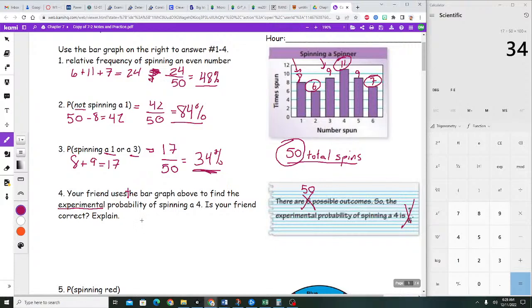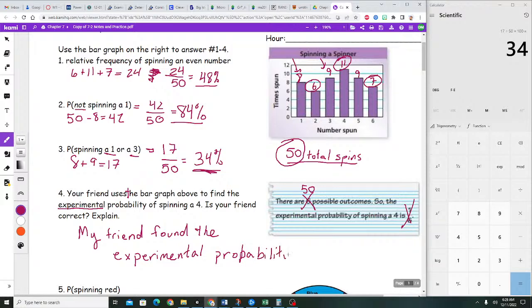It's instead something very different, but we don't need to know that. What our friend unfortunately did was find the theoretical probability instead of the experimental probability. And so we'll need to explain it to our friend.